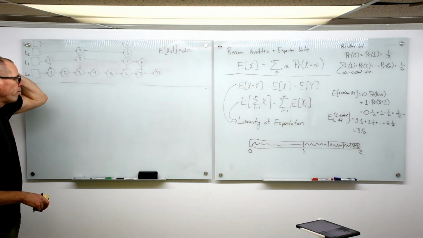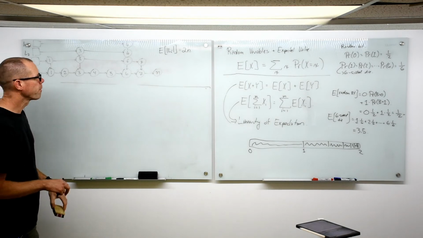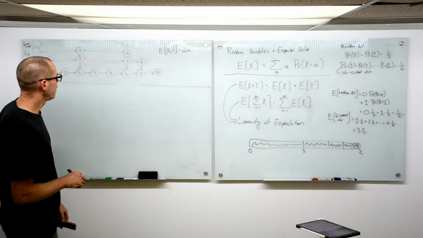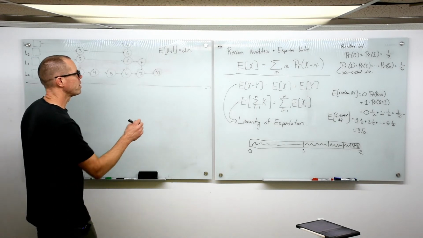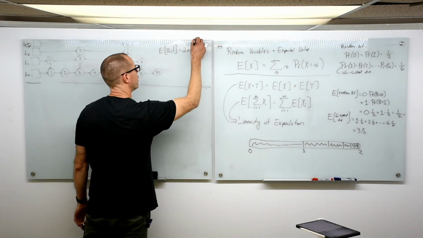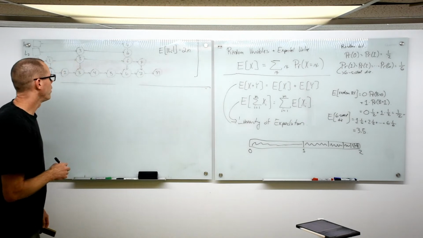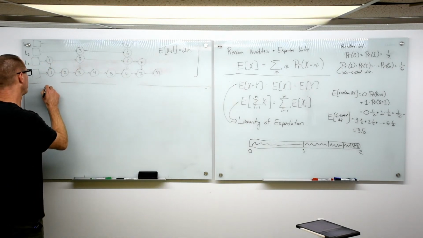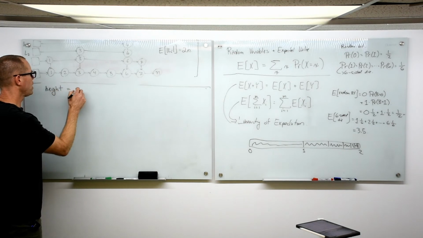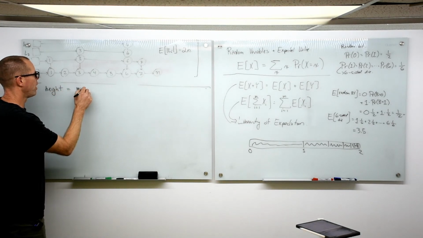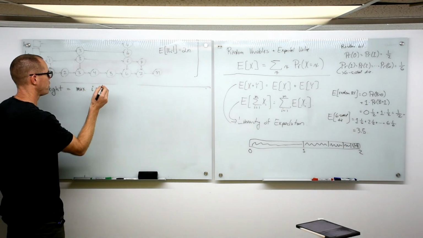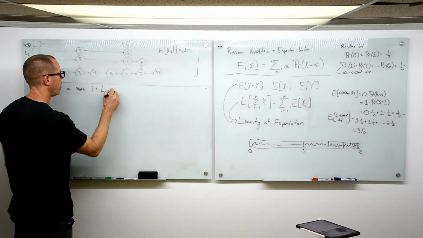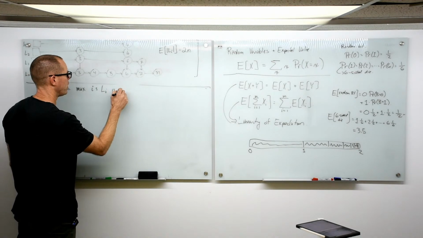And so what that really means is we also would like to know the height of this thing, right? So the height, that's equal to the maximum value i such that L_i is not empty.